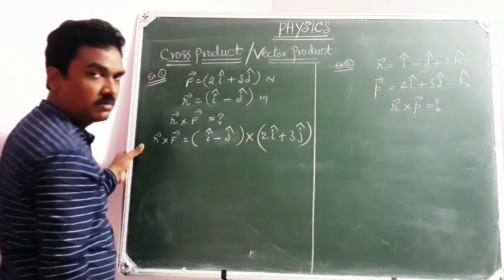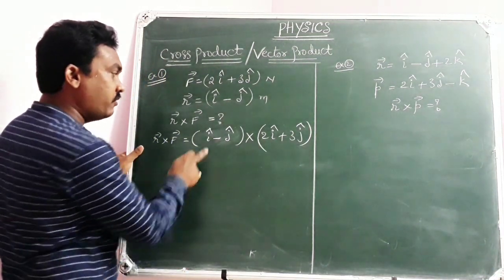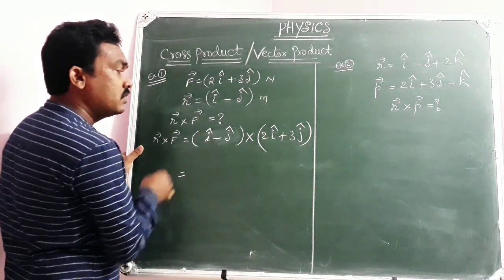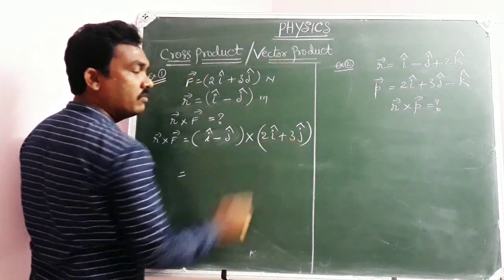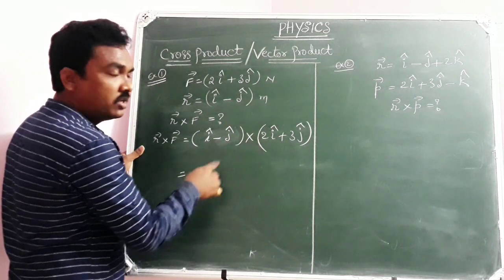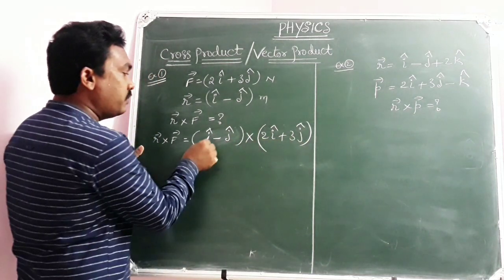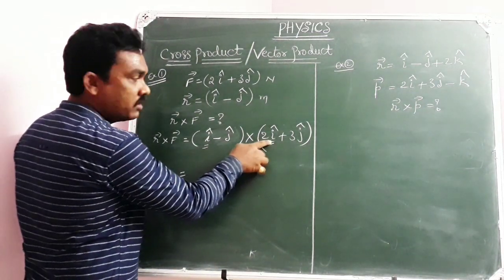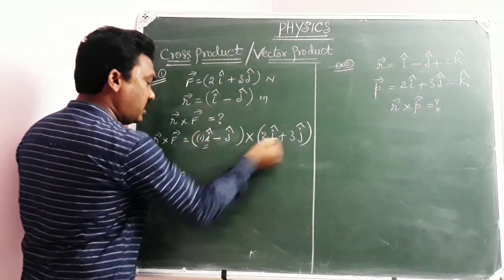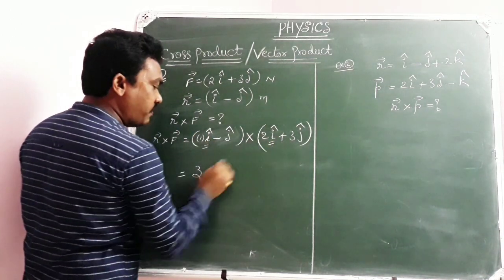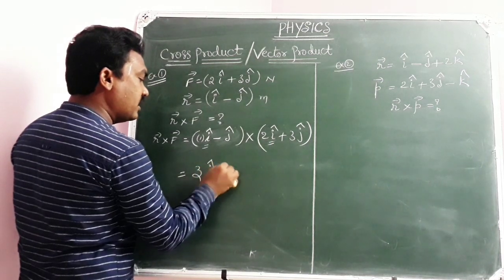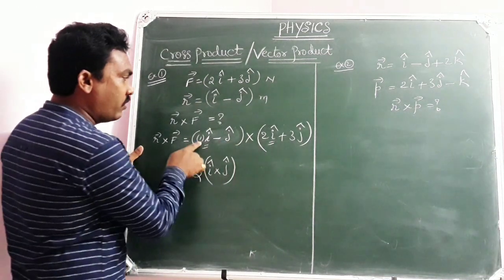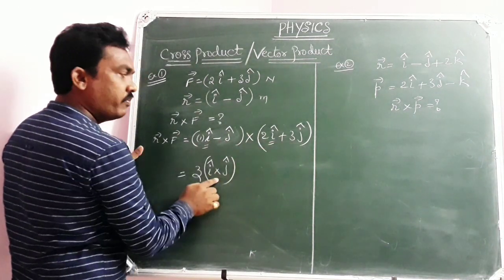Here 2 terms, here 2 terms, so 4 terms will come because every term should be multiplied with the other term. In those 4 terms, I to J will be K cap, I to I will be 0, and J to J will be 0. The product between two similar vectors will disappear. First term I cross I will be 0. Second term, 1 into 3, I cap cross J cap, which is K cap.